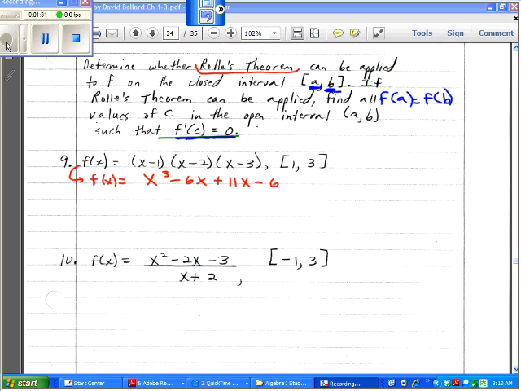So to verify that Rolle's theorem applies, we need to find the function value at endpoint 1 and the function value at endpoint 3. So we're going to say f of 1 equals, and then f of 3 equals.